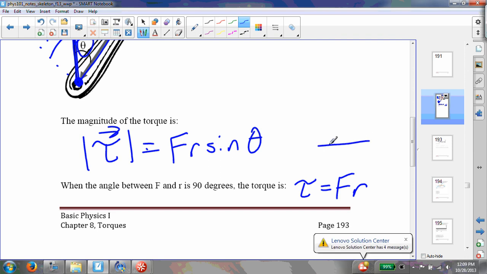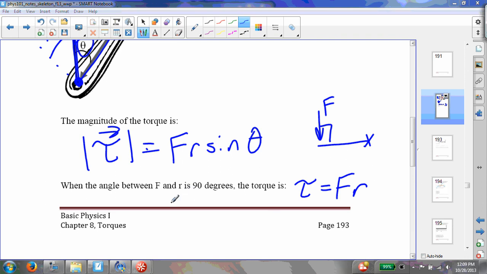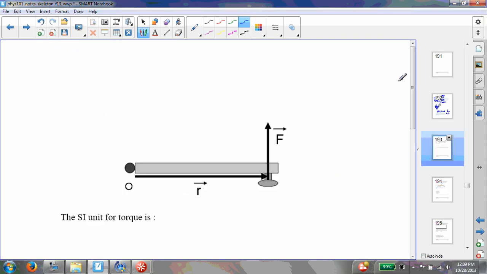So that occurs if I have a rotation axis rotating about here, and then I have a force that is perpendicular to the moment arm. Like for example here, this is a door. If I have a force that's perpendicular to my moment arm, that's going to give me my maximum torque. You know that the sine of theta is always less than 1, and since our torque is equal to F r sine of theta, anytime that theta is less than 90 degrees, that's going to give me some lesser torque.